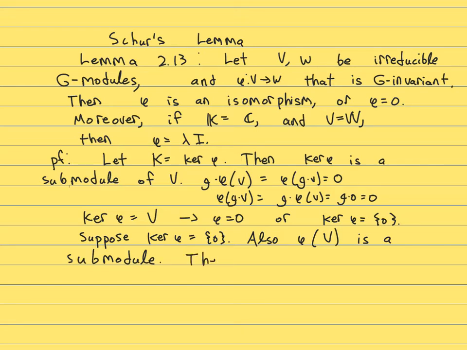Since W is irreducible, the image is either going to be trivial or everything. Well, if it's trivial, then everything got mapped to 0 and the kernel was everything, and we're not in that case, so it must be the case that the image is everything, which means that your map is surjective.